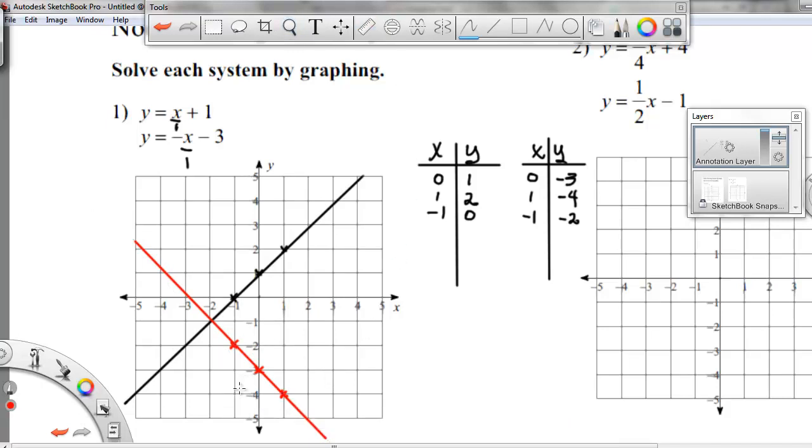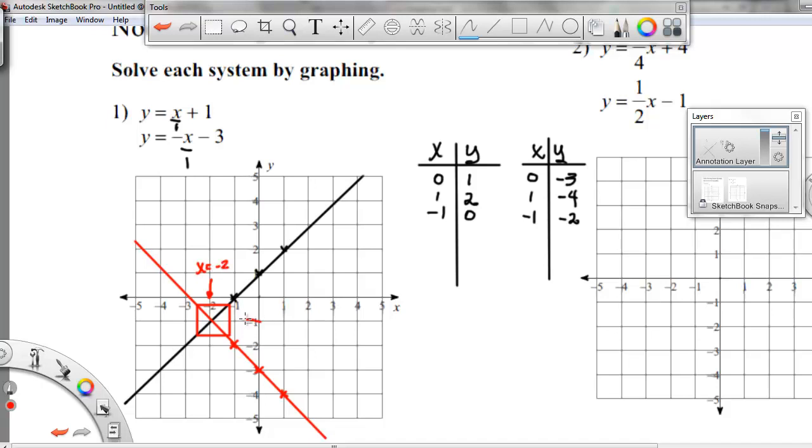Now we can find our answer. These two lines intersect at this point right here. That point has the ordered pair, a negative 2 on the x. So x equals a negative 2.